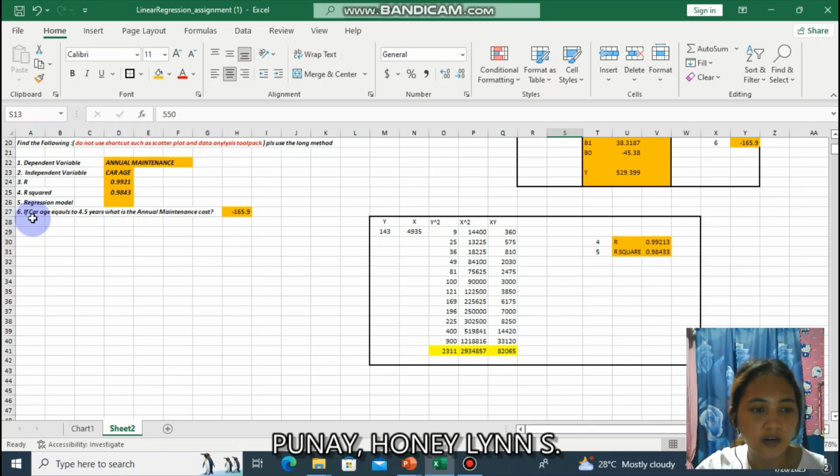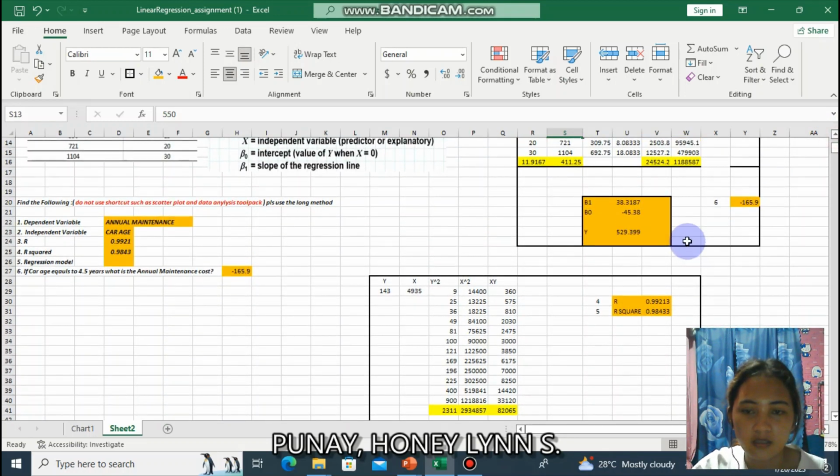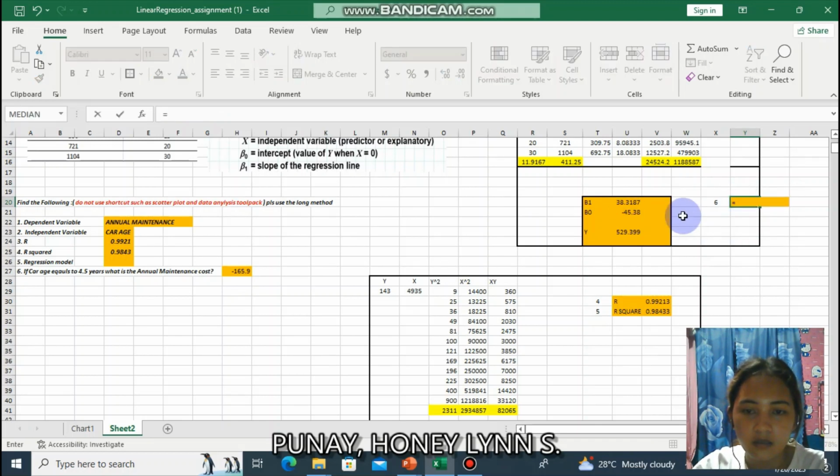number 6. If car age equals 4.5 years, what is the annual maintenance cost? To get this answer, the formulation that I use is equals B1 times, I mean plus, then times 4.5, then enter.